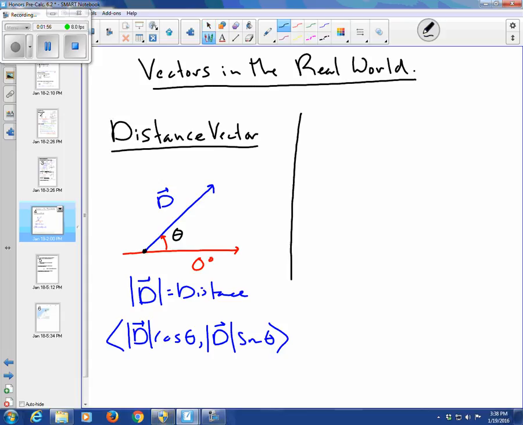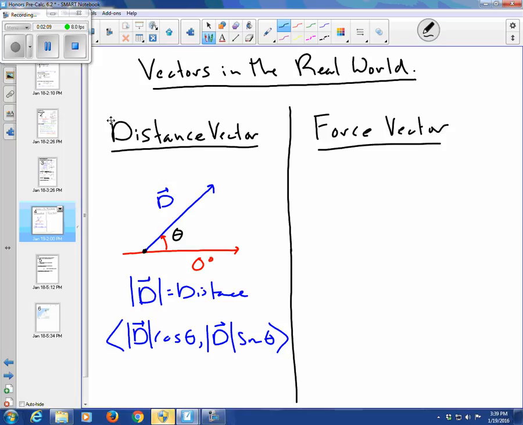The second kind of vector we're going to look at is a force vector. So right here, with a force vector, we're no longer talking about magnitude as representing literal distance, right?